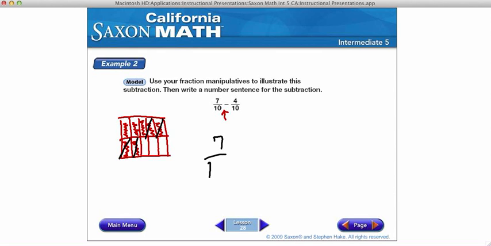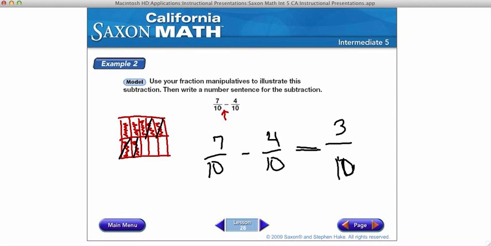So we started with 7/10. We took away 4/10, and I'm left with 1, 2, 3 tenths. Notice again, the denominator does not change.